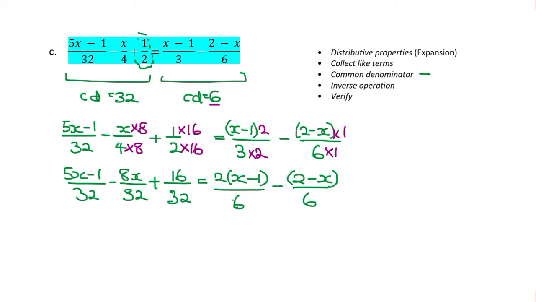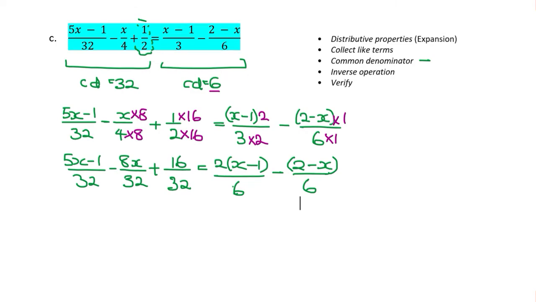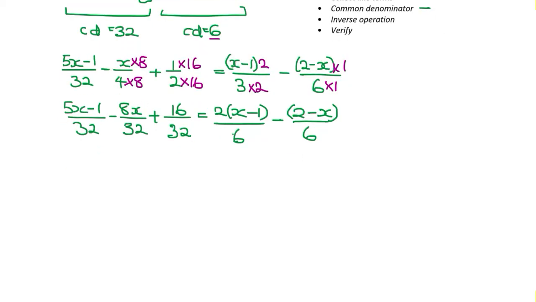over 6. So once we've taken care of that, the next thing here is to treat everything as the same denominator on the left side, which means that here we have 32, and then we add our numerators.